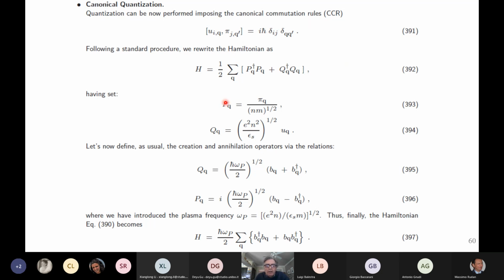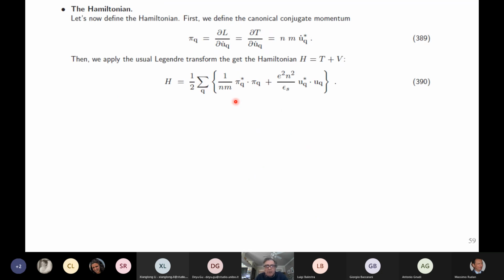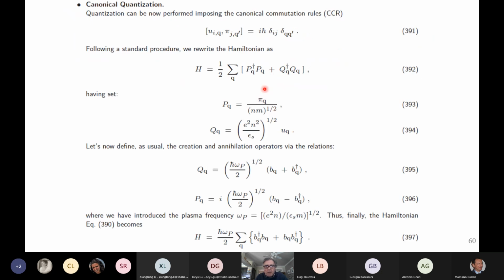So I define some momentum P and canonical coordinate big Q by essentially normalizing it so that I get just a factor of 1/2 over here. I've absorbed the square root of NM and the square root of this object into the definition of this big P and big Q, so that I have essentially the Hamiltonian of a normalized, rescaled harmonic oscillator variables.